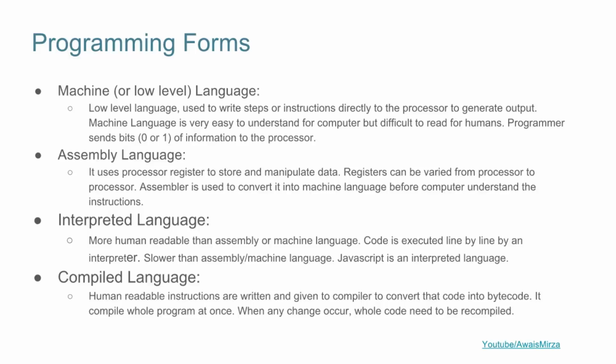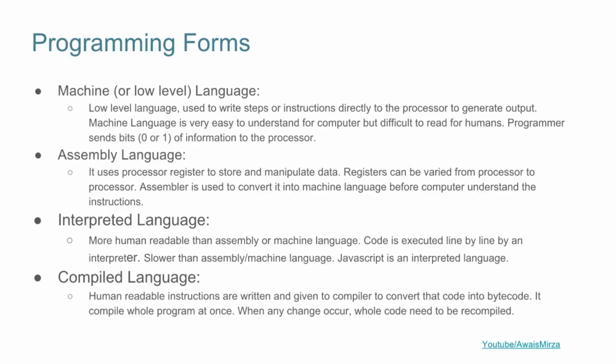Our very big processors and RAMs and hard drives make these languages pretty fast. So the example of an interpreted language is JavaScript, and the last one is the compiled language. It is again a higher level than machine and assembly language.